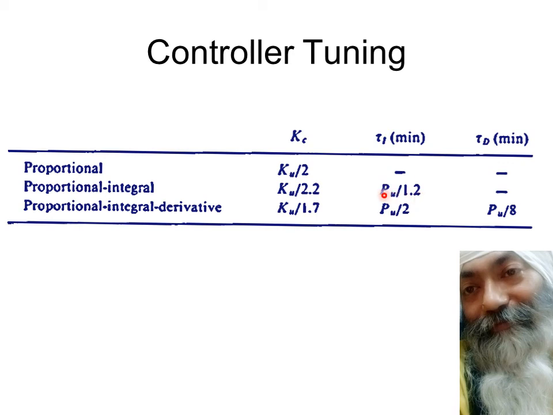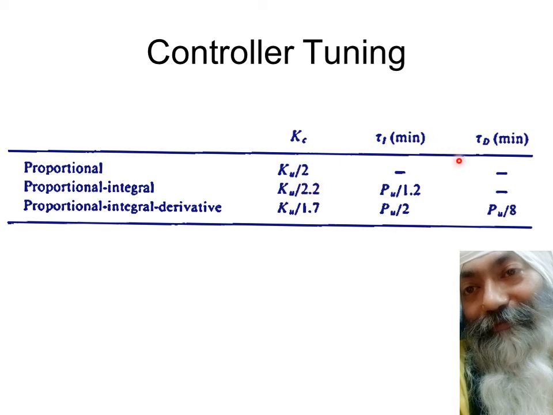The introduction of I tends to make the system more oscillatory, less stable. So in that case, you have to slightly decrease the gain. You can see that this gain is decreased from divided by 2 to divided by 2.2.